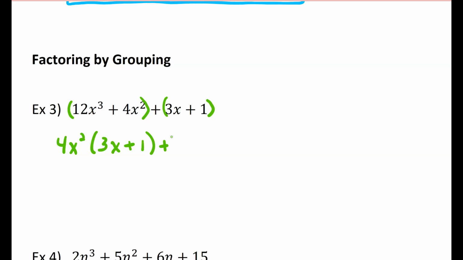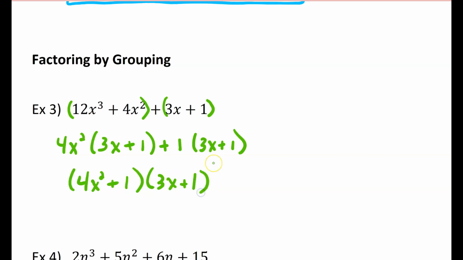So I'm going to just go ahead and factor a 1 out, just as sort of a placeholder to remind me that I'm still factoring. Now I have 3x plus 1 in 2 places, so I know I can factor that out. And I'm left over with the 4x squared plus 1. So I'm going to put the 4x squared plus 1 first, since it has a higher degree, and 3x plus 1.